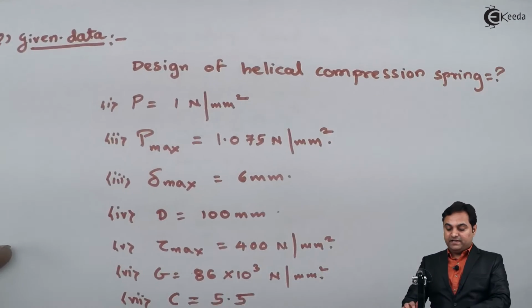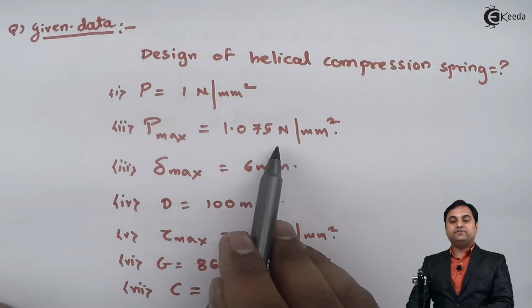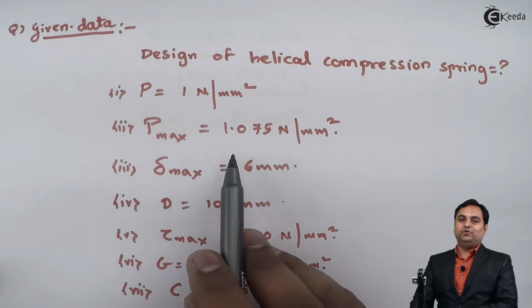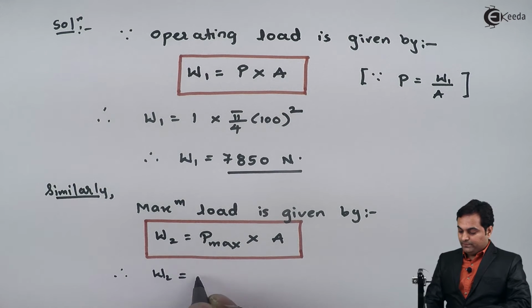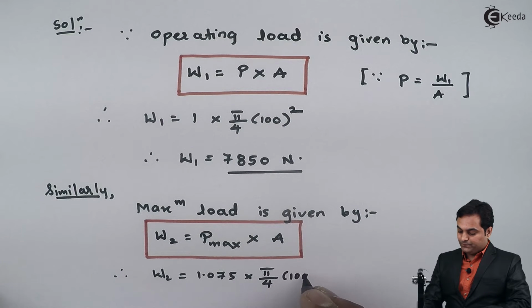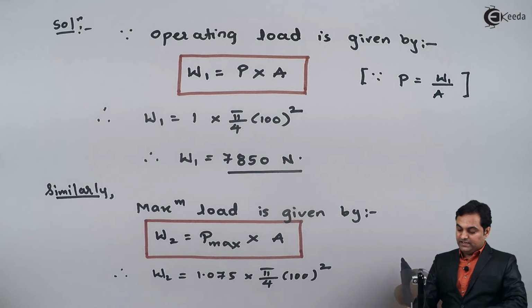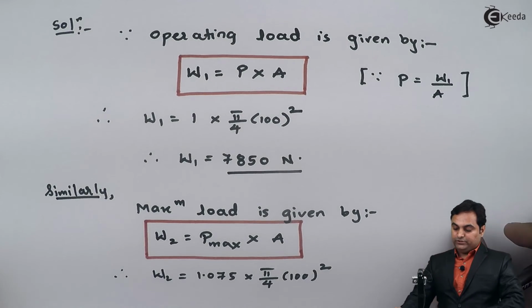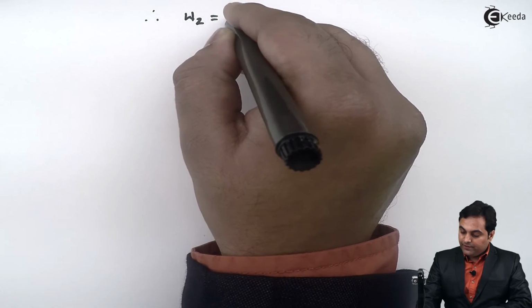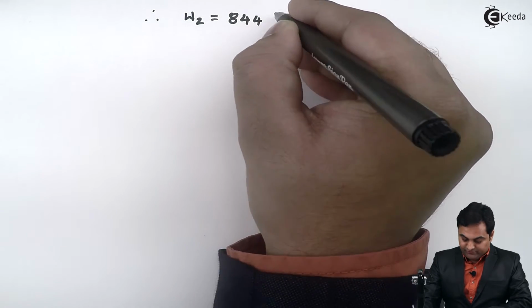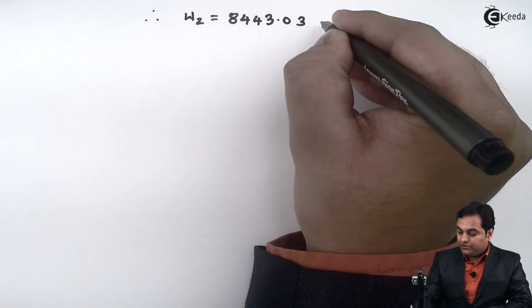Since they have given us maximum pressure, we can use this value to get the answer of maximum load. So it is 1.05, therefore W2 will be 1.05 multiplied by area of the valve, that is again pi by 4 into 100 square. So from this I'll get the answer of W2. I'll write it onto the next page. W2 value comes out to be 8443.03 Newton.